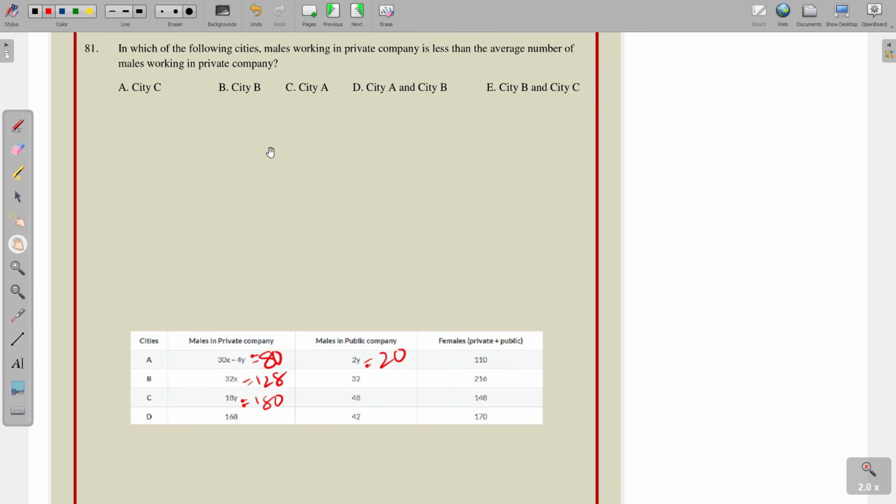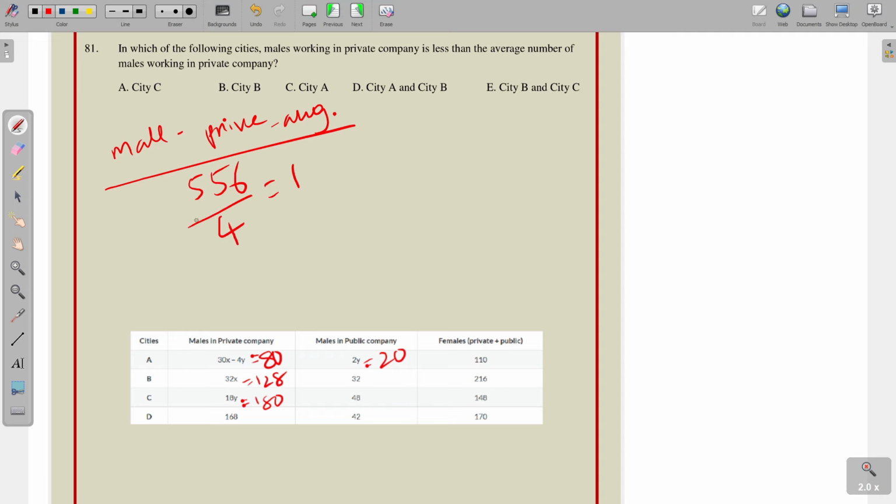In which of the following cities is male working in private company less than the average number of males working in private companies? Male private average: 80 plus 180, 208, 208 plus 388, 388 plus 4, 5, 56 by average is 4, 139.